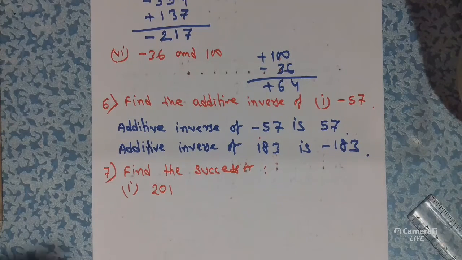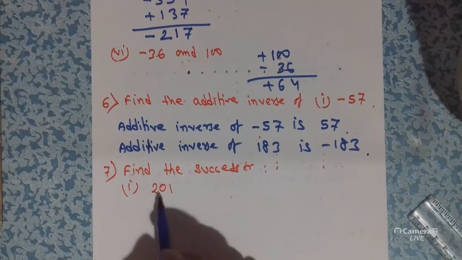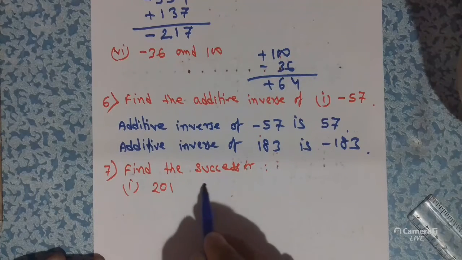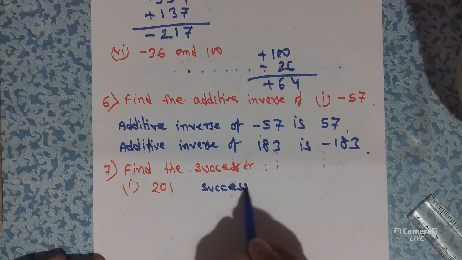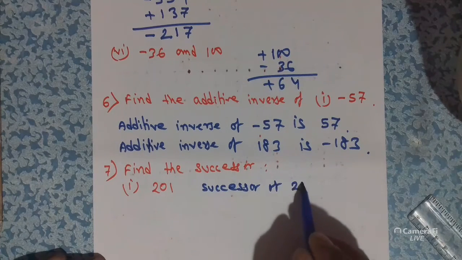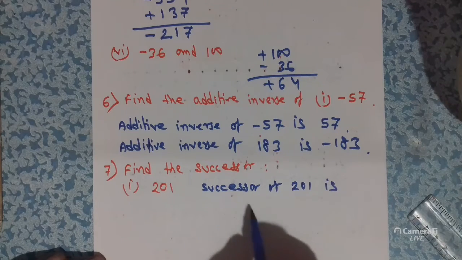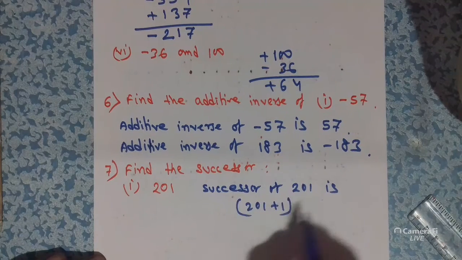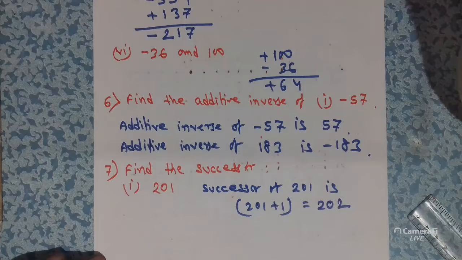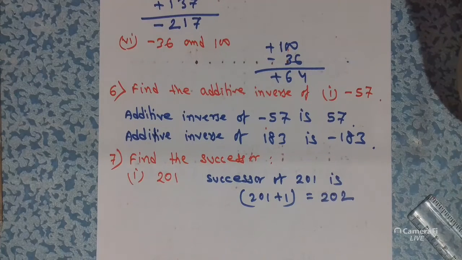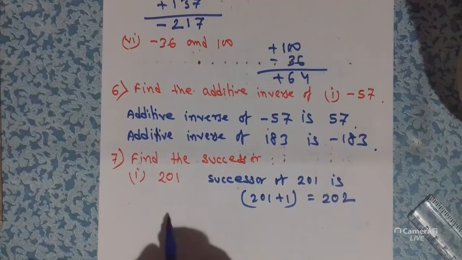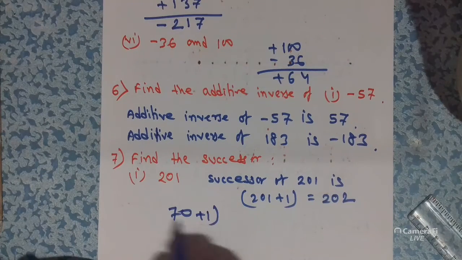So successor means we have to increase the number by 1. So successor of 201 is 201 plus 1 is equal to 202. Clear? So similarly, the successor of 70, so 70 plus 1 is equal to 71. Clear, students?